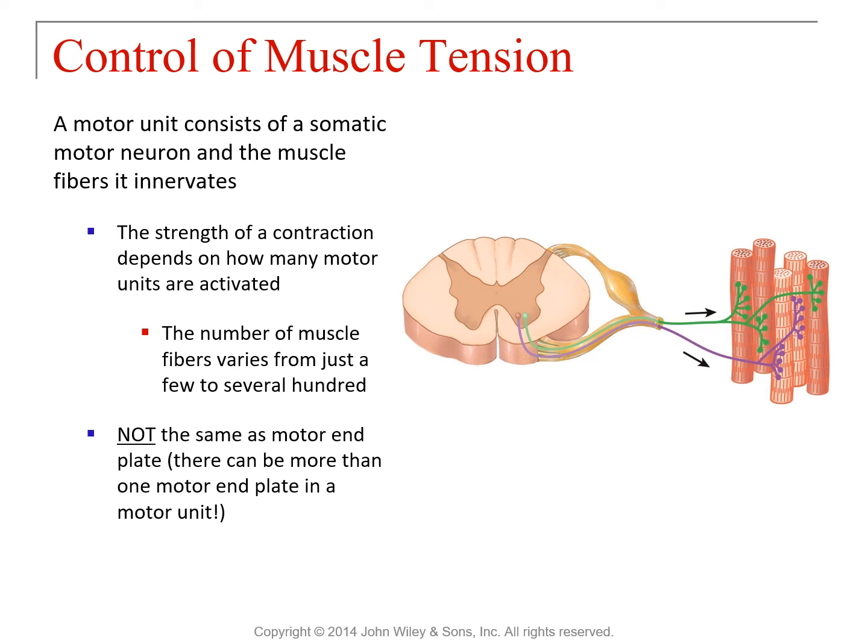So one thing to say about motor neurons and neurons in general is that they are able to branch very extensively without the intensity of their action potential diminishing.